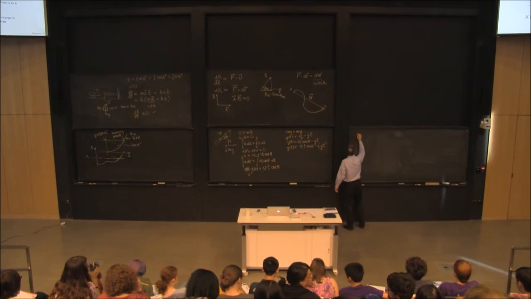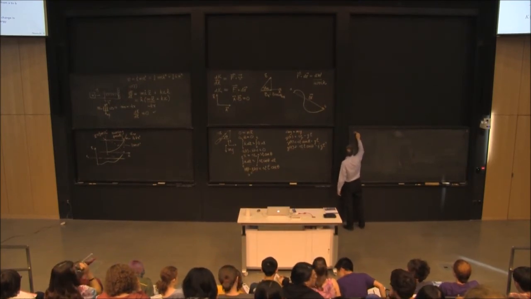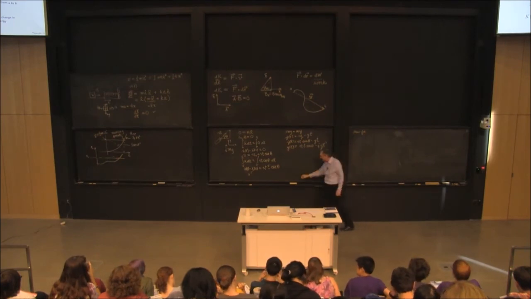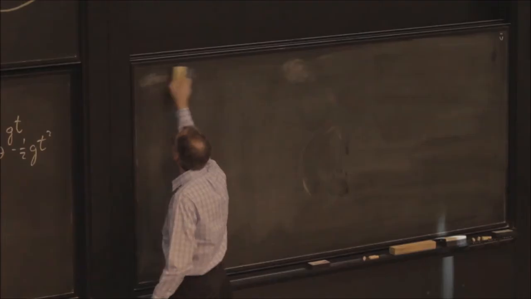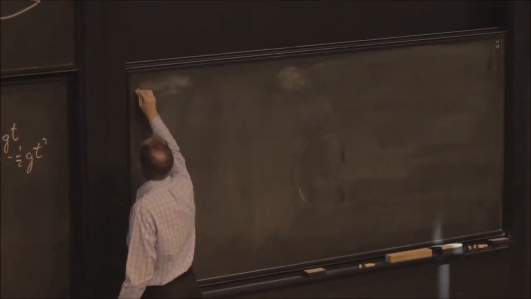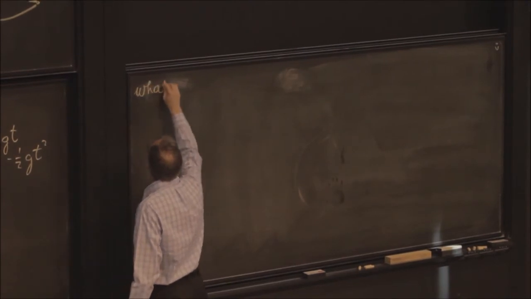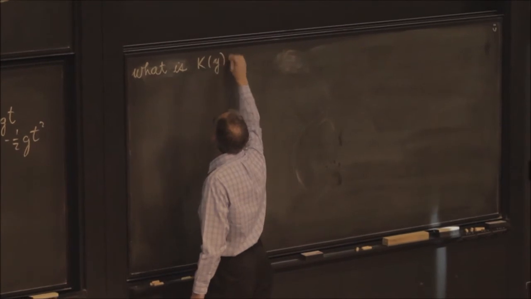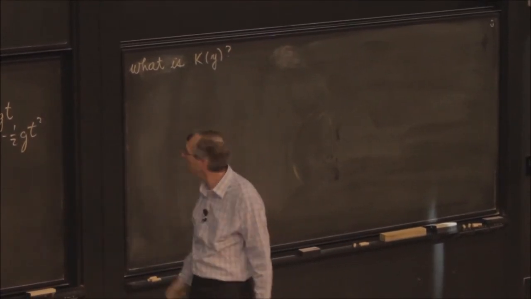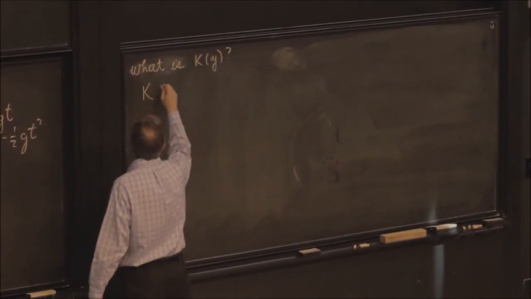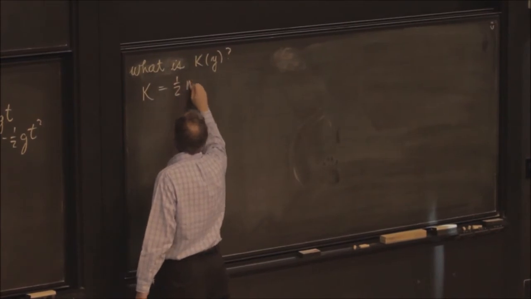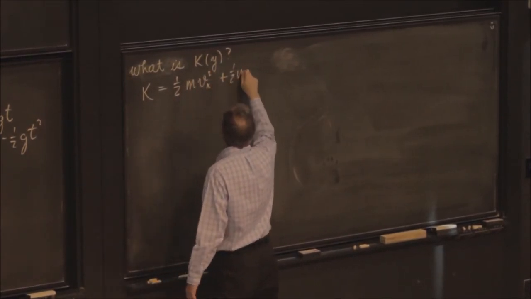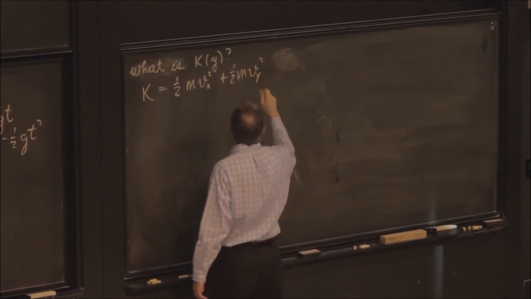So how fast, maybe I should just say, what about the kinetic energy as a function of y? Okay, so the kinetic energy will be 1/2 m vx squared plus 1/2 m vy squared.